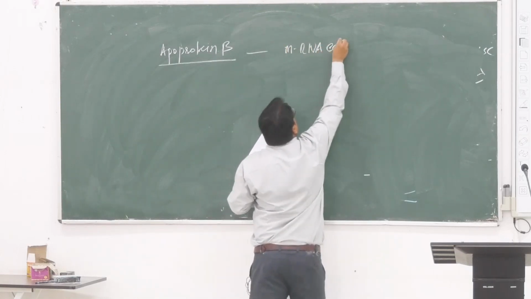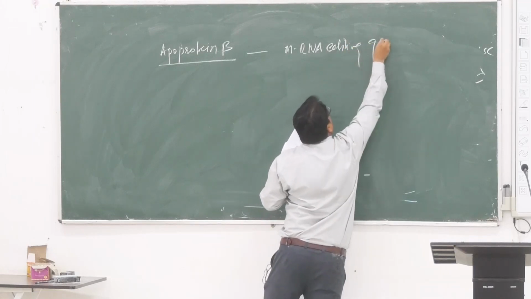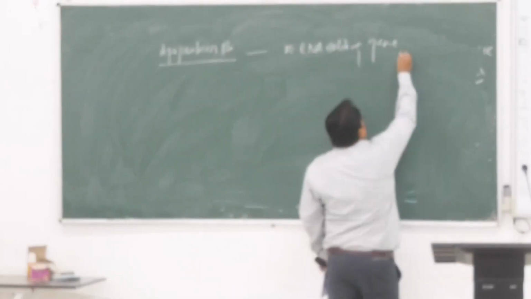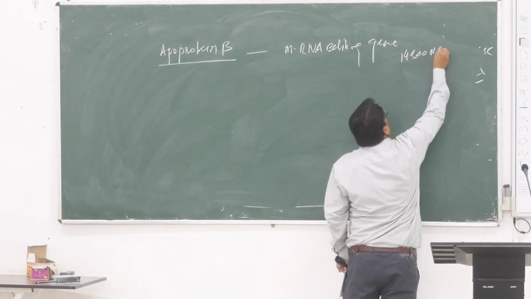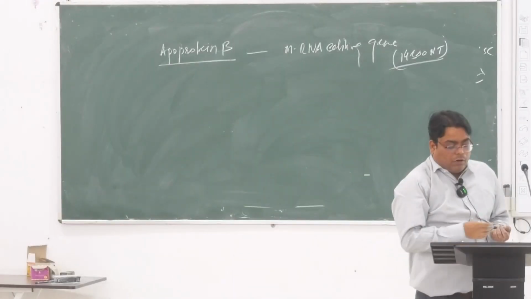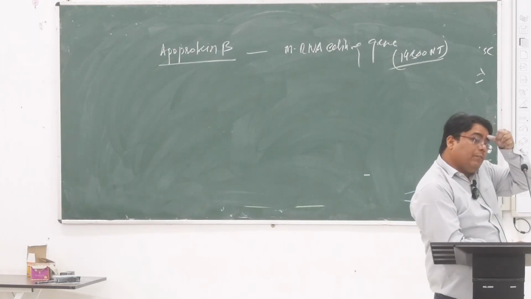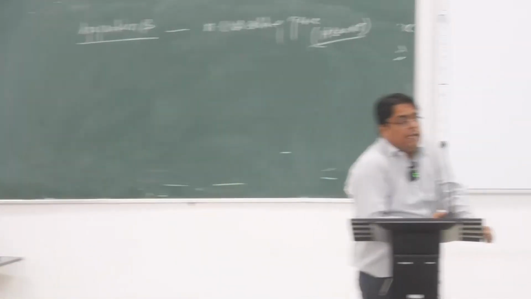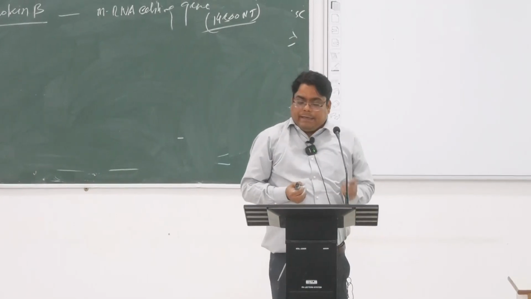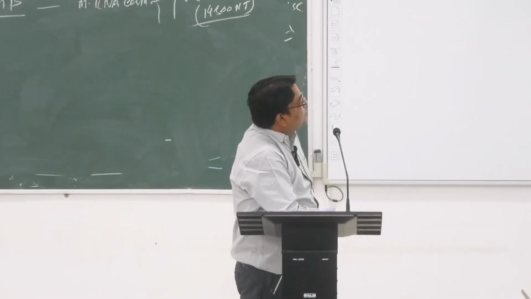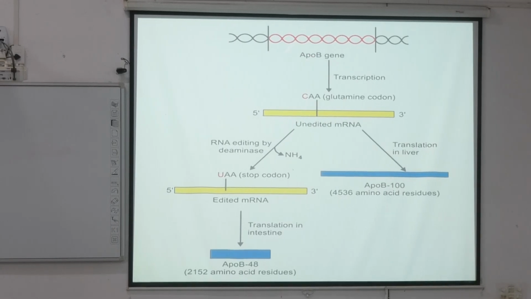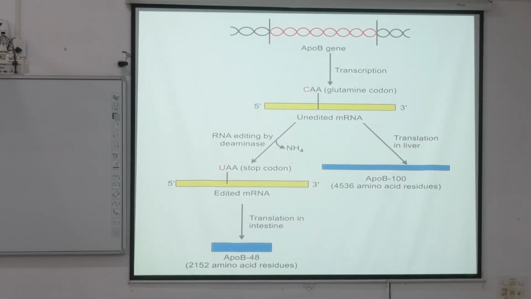This gene contains 14,500 nucleotide base pairs for the synthesis of ApoB100 protein, which is mainly the protein in LDL molecules, low density lipoprotein molecules. So this is the ApoB gene, which contains these nucleotide base pairs. All of you understand this figure? All of you see here?